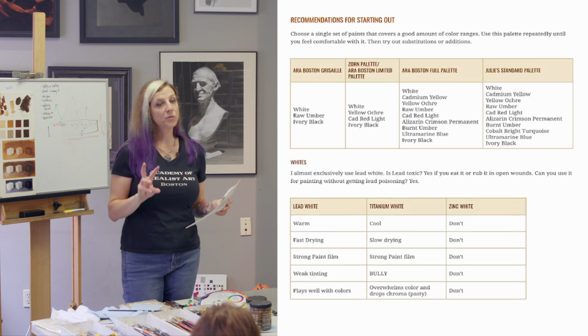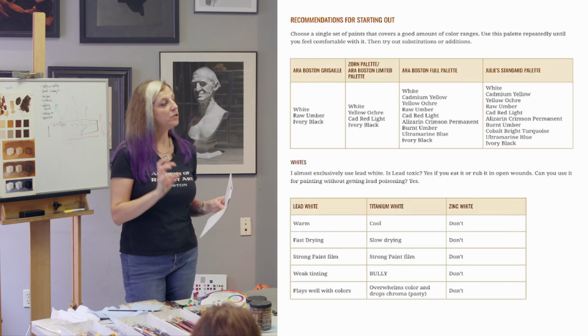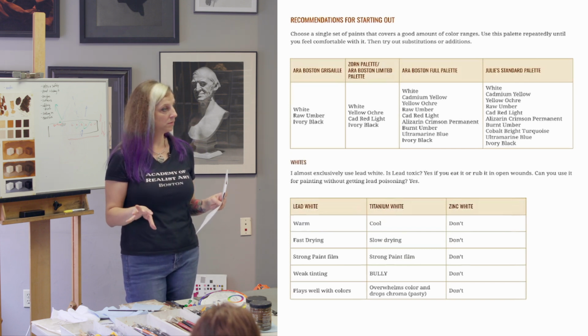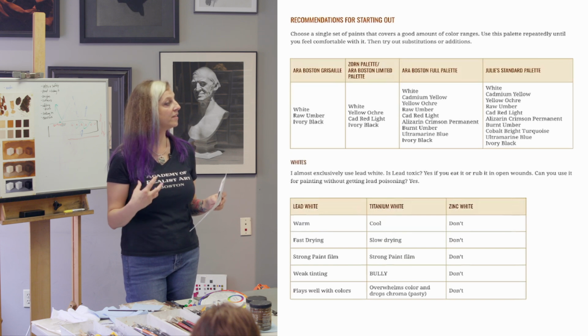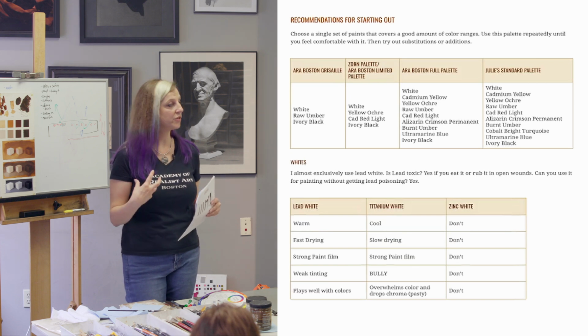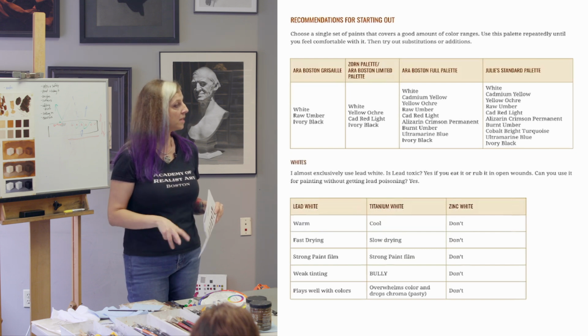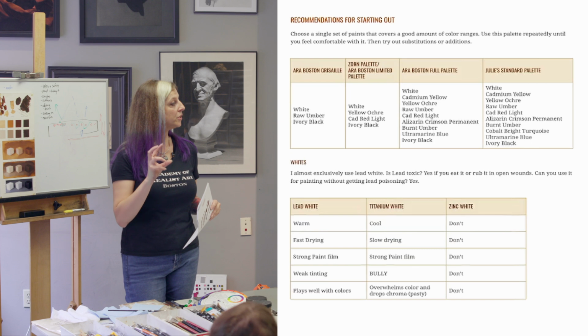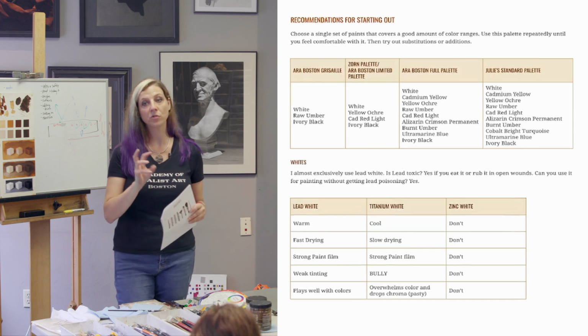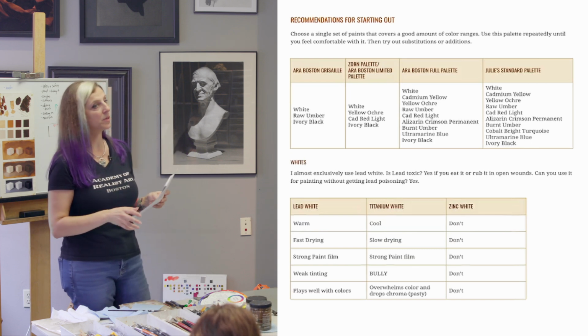Now those 3 mixed together will give you a neutral value. So what we're going to be doing is working in value only in our first assignment. So you don't have to worry about any other colors than those 3 paints, and we will talk later about how to mix the neutral, but those are the only 3 paints you will need to start with us.